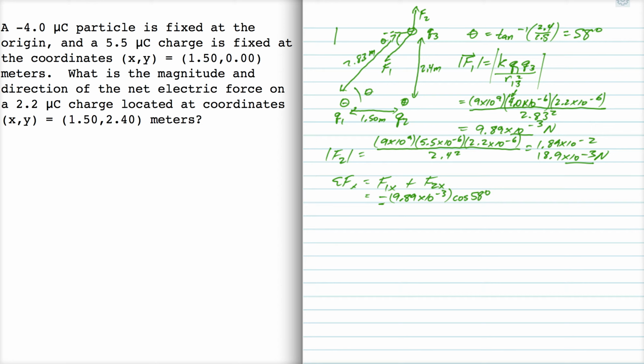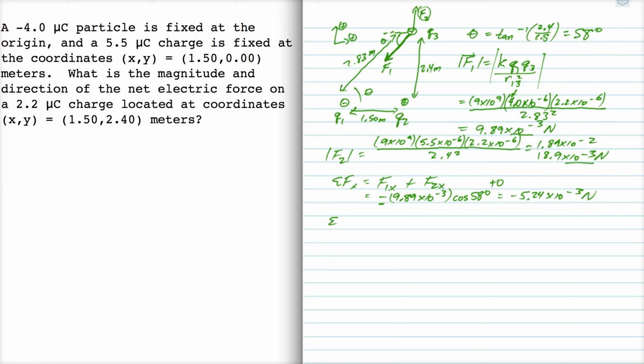That's because our sign convention is that to the right is positive and to the left is negative. And since F1 here points in the minus x direction, that's where that minus sign comes from. And of course, F2x is 0, right, because F2 points straight up. So this is minus 5.24 times 10 to the minus 3.